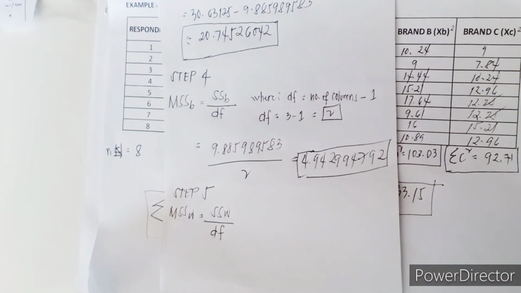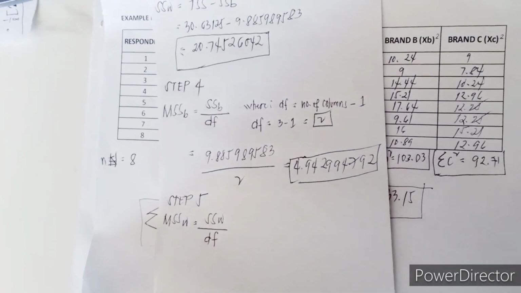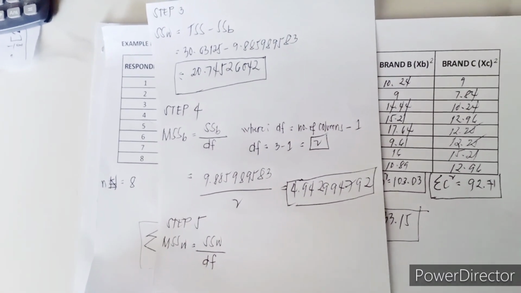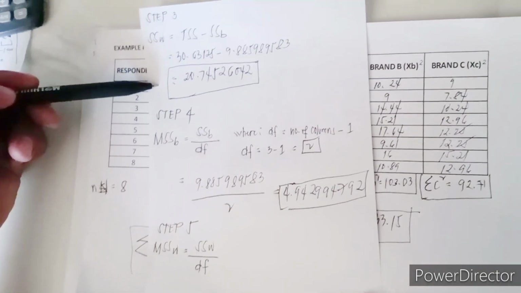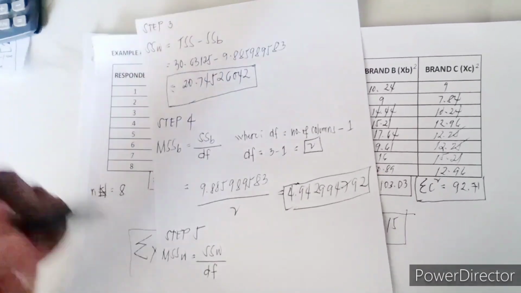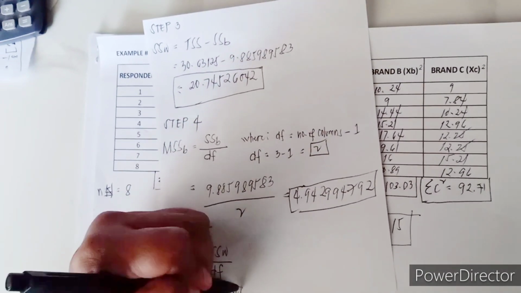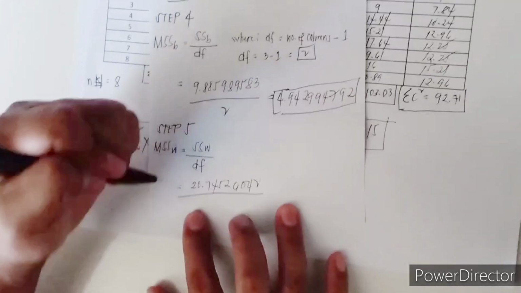Step 5 naman po ang tinatawag nating MSSW or what we called mean sum of squares within. Our formula is SSW divided by DF. Alam na po natin ang ating SSW. So we have now 20.74526042 all over 2.